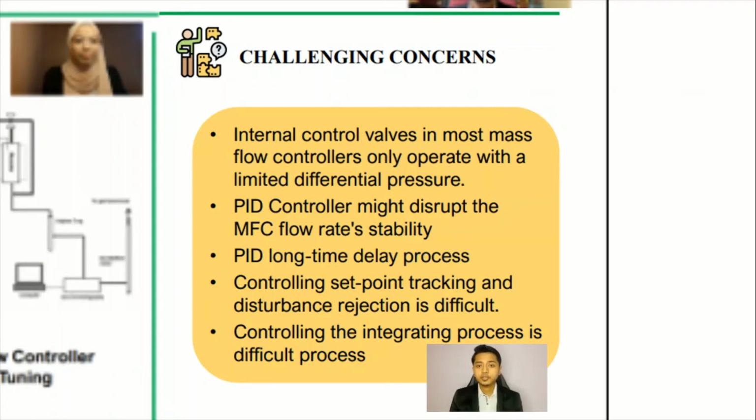In addition, controlling set point tracking and disturbance rejection of the SO2 reduction process in a PID controller is also difficult. Furthermore, controlling the integrated process, especially the flow rate of SO2 gases that will go through the treatment and reduction process, is also backbreaking, since the flow will be turbulent and it is time consuming to calibrate the controller to get accurate tuning.